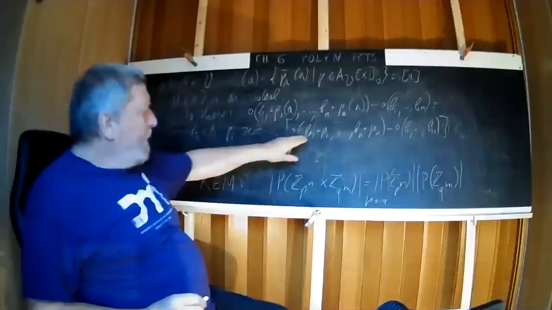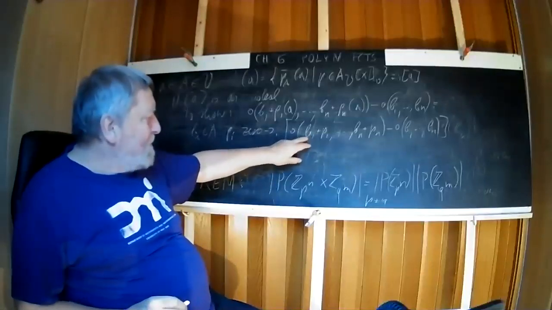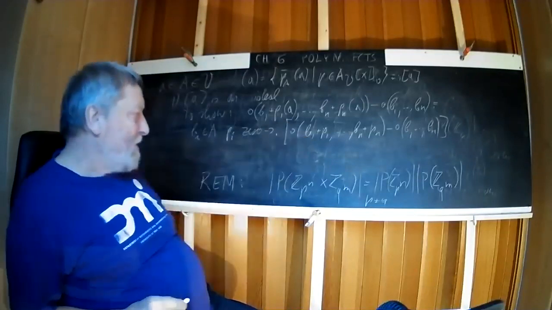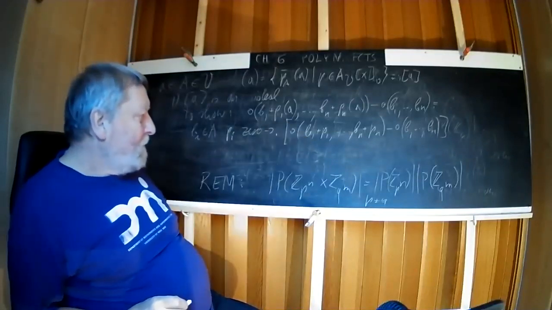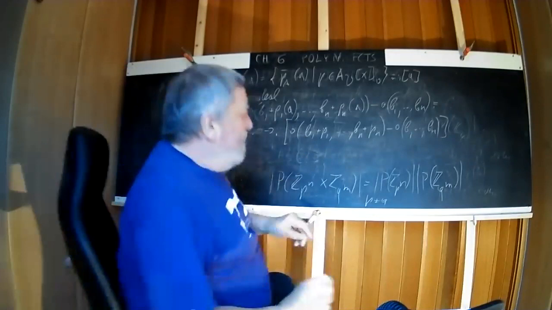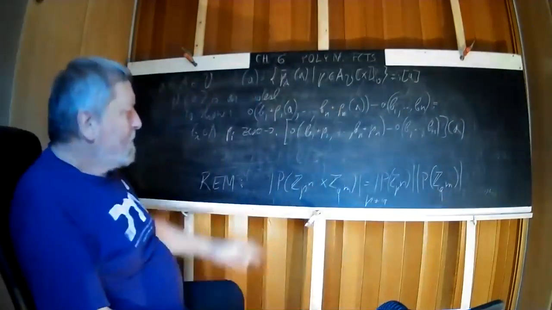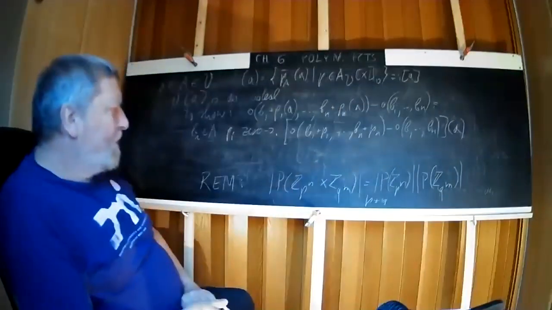Well, I identify here the constants P1 with the constant polynomial P1 and so on. And we let everything here act on A. So that's the same as above here.